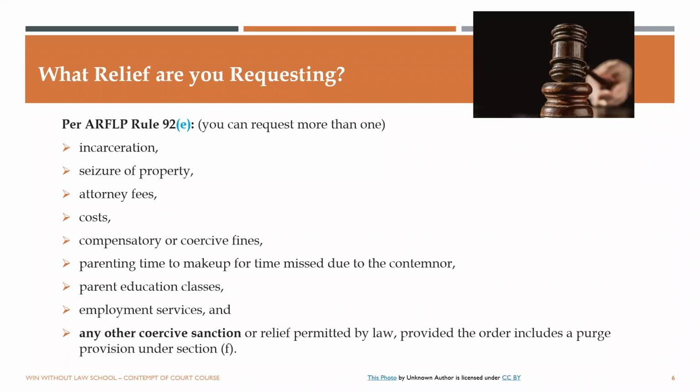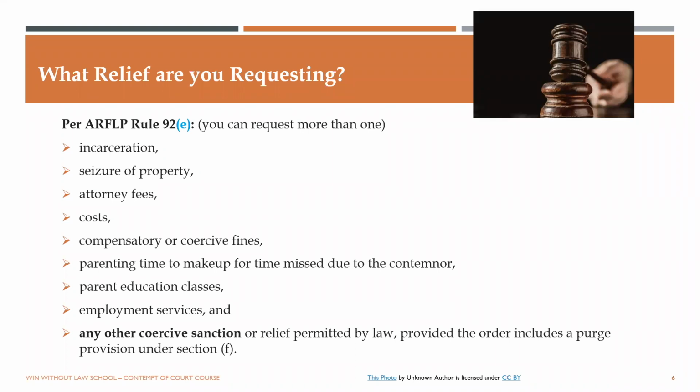Seizure of property, that could be a type of relief granted in a property enforcement case. So if in your divorce, for example, one party was ordered to pay a certain amount to the other party and they didn't, and now the party that's owed money is seeking a contempt sanction, the court could order the seizure of certain property of the debtor to compensate the person who's owed the money.